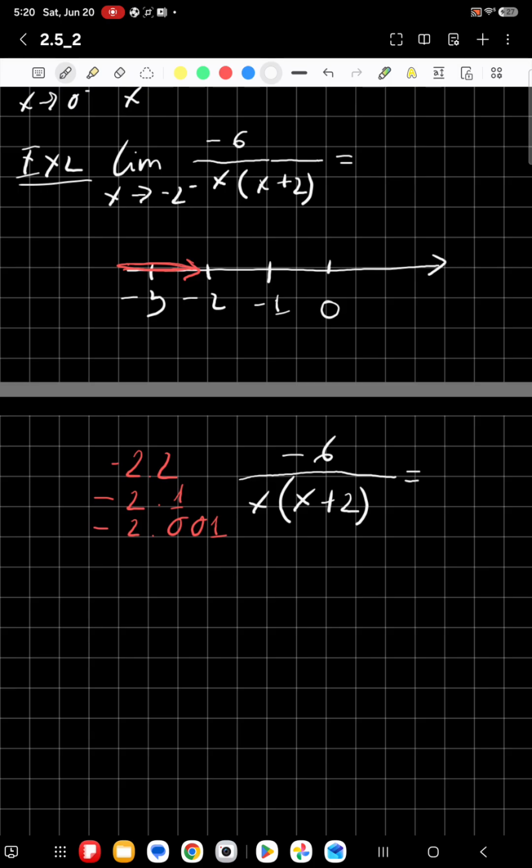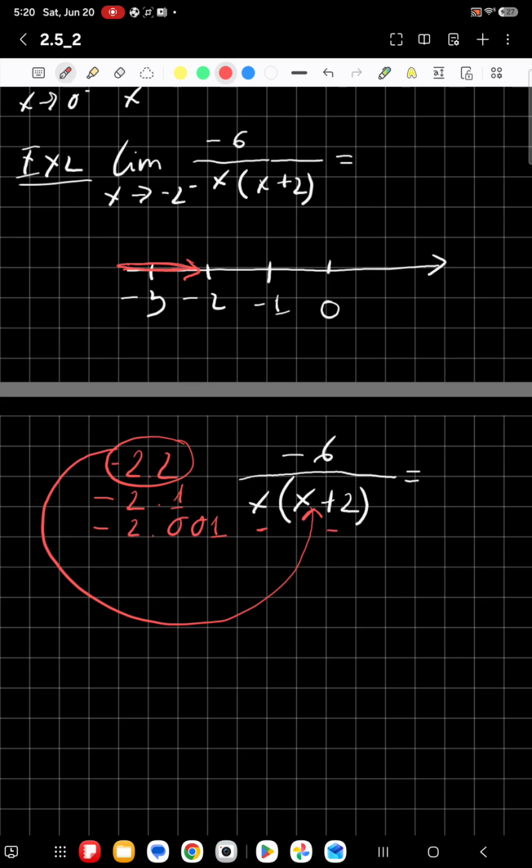So I'm plugging in negative 2.2. If I do that, this will be a negative number, so I'll put a minus there. Now this whole parenthesis is also going to be a negative number, because negative 2.2 plus 2 is negative 0.2.